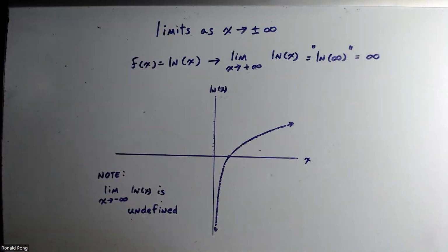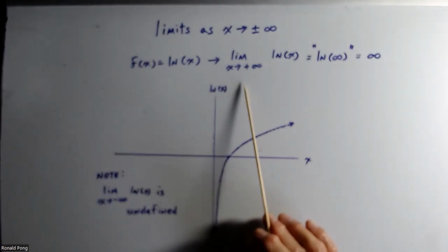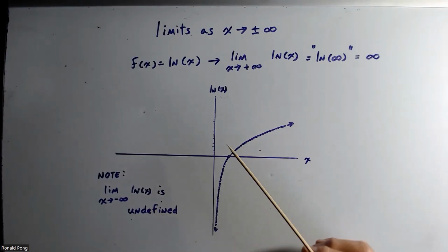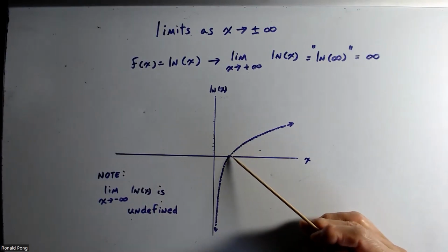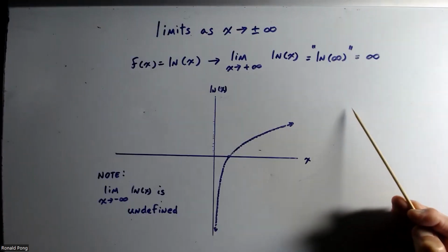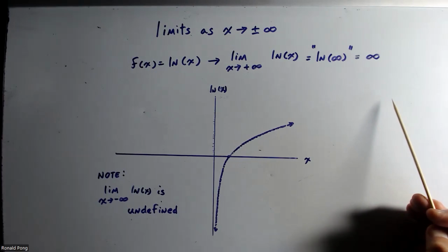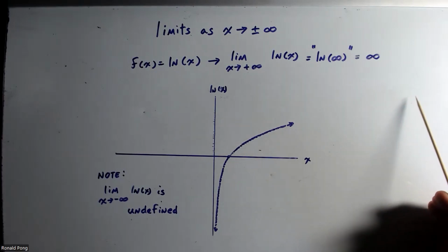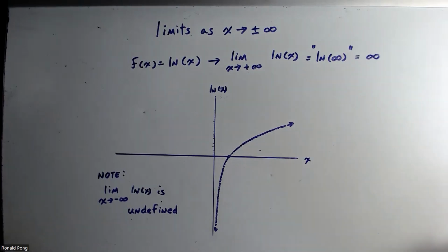We can consider now the limit as x approaches positive infinity for the function ln of x. I've written it out here. For positive values of x, ln of x will increase toward infinity without bounds, although it would take a while to get there, a while meaning fairly large values of x.